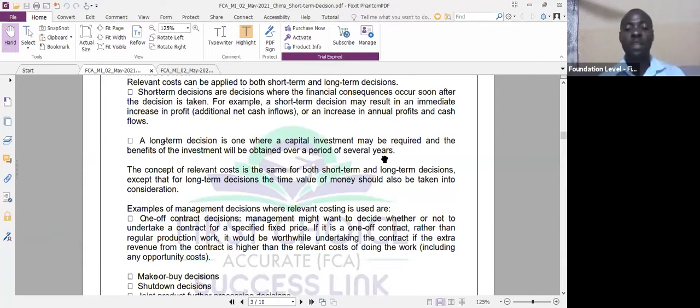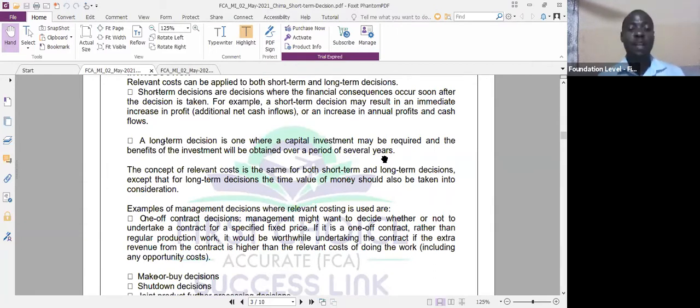So you can be thinking whether you want to undertake this contract for a fixed price or not. You have to think if you are going to take up this one-off contract.